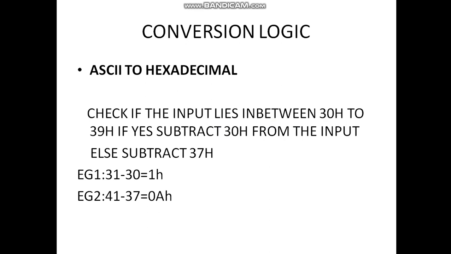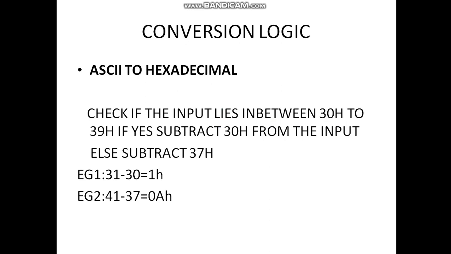Next, we look into a program where we are converting ASCII code to hexadecimal. Let us see how the conversion is done. First, you need to check if the input is between 30H to 39H, because the logic is different in that case. For this, we need to get the output as 0 to 9.